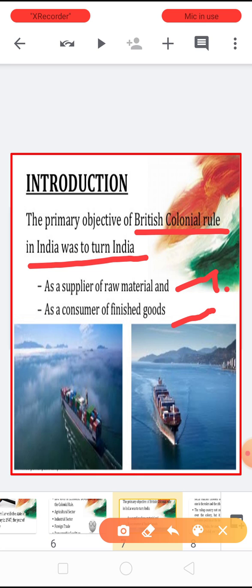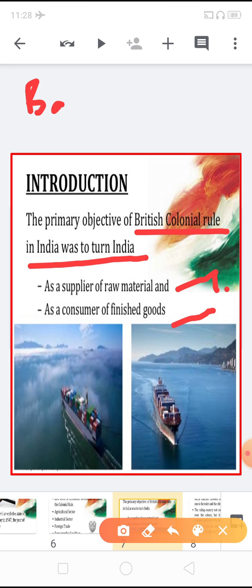Children, will you please tell me the origin of the British rule? Do you know when the British rule originated in India? The British rule over India basically changed the course of history in India. The foundation of the British Empire in India was laid by the Battle of Plassey.